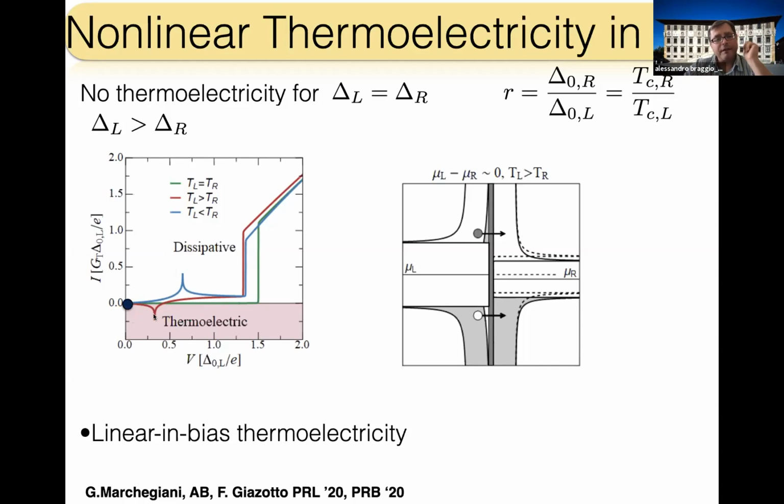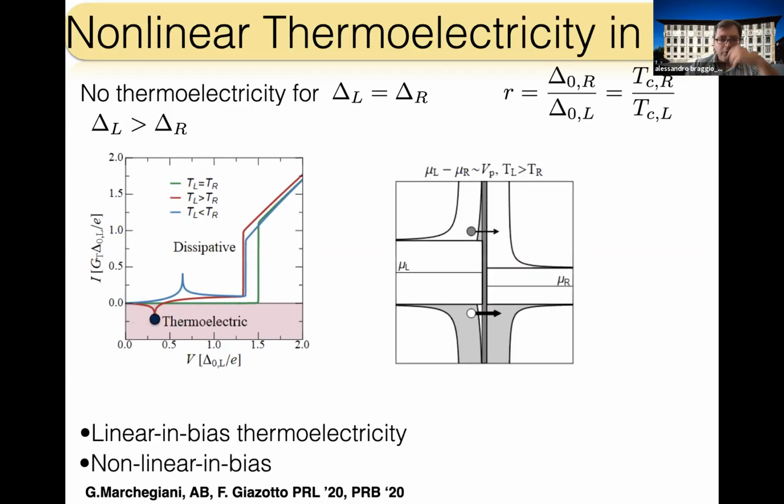And this thermoelectricity is very interesting because it's linear in bias. So even at small bias, you get thermoelectricity. This tells you that this is a spontaneous breaking of the particle symmetry in the Josephson junction that provides you thermoelectricity. So it's something spontaneous, not external, it's intrinsic. And obviously, you can increase the bias and get nonlinear thermoelectricity and so on.